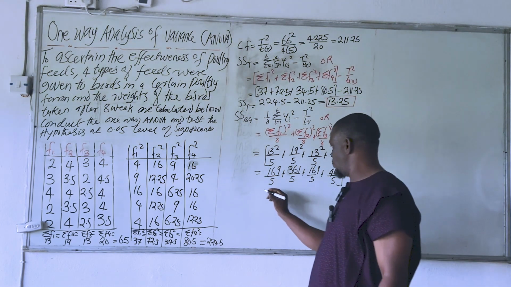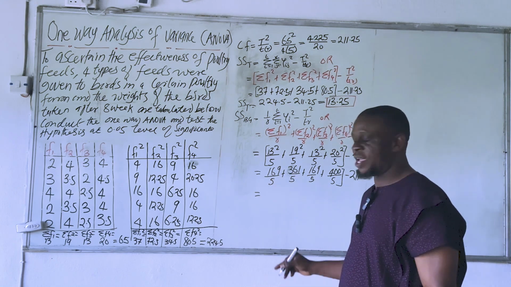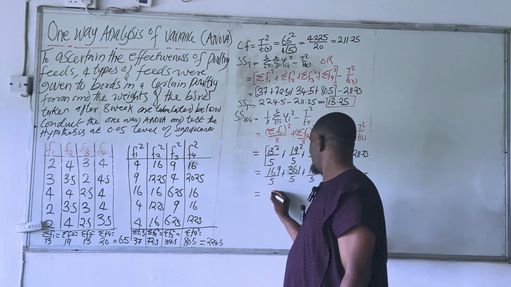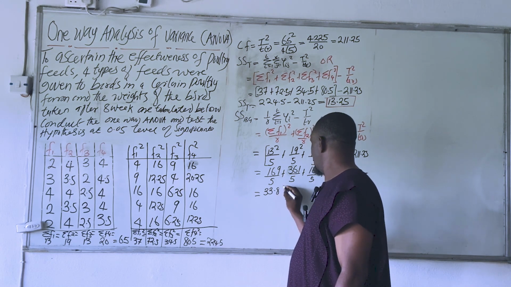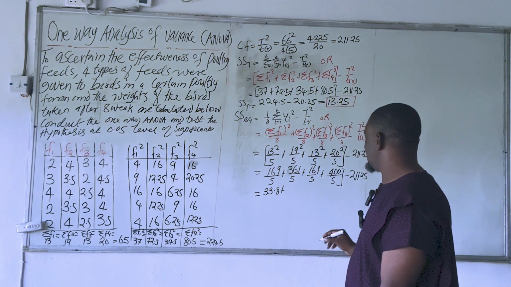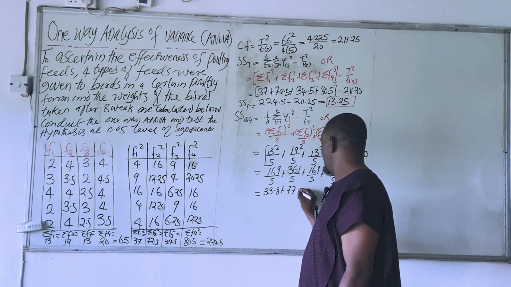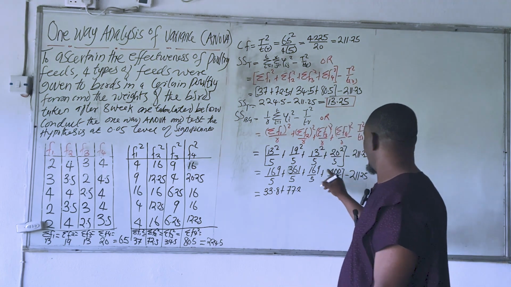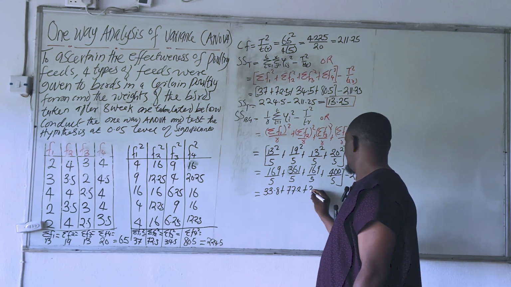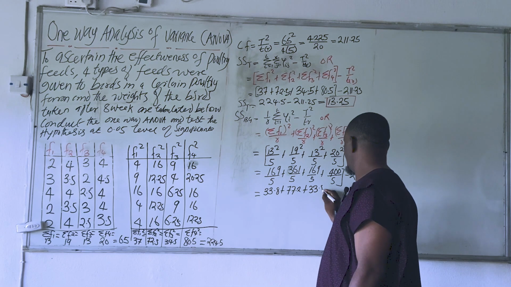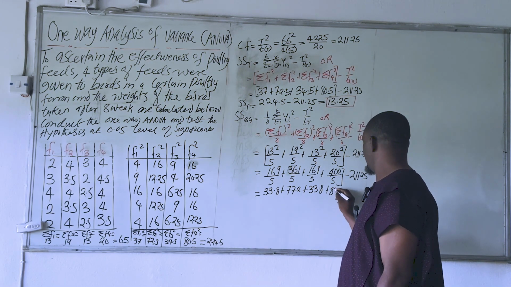Now if you take 169 divided by 5, 33.8, plus 361 divided by 5, 72.2. Now 169 divided by 5, 33.8, and then 400 divided by 5 will be 80.